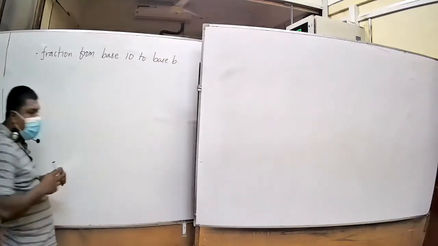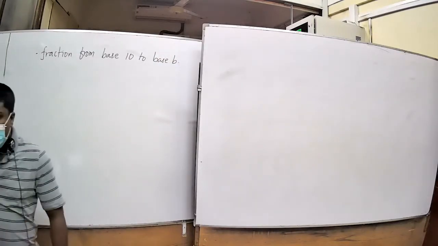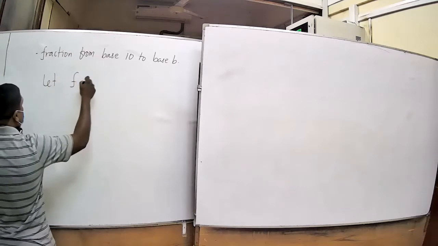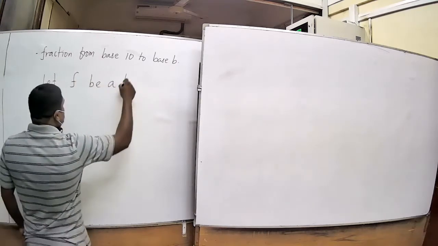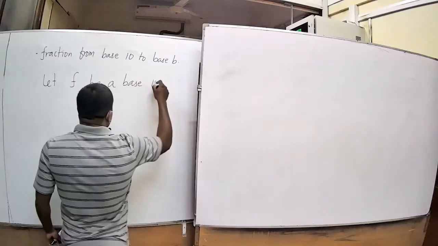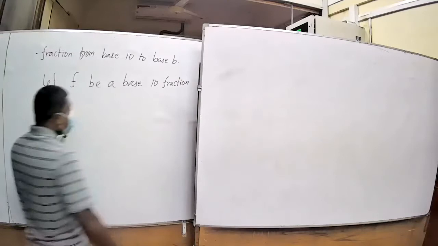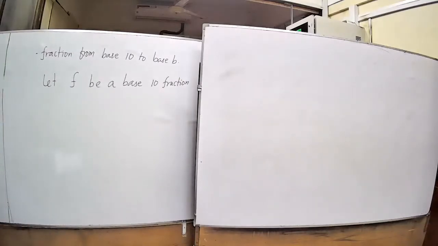So we are going to see how we can do this transformation from base 10 to base B for a fraction. Suppose, let's say f is the base 10 fraction, right? So it will be a fraction, like 2 upon 5, 5 upon 10, something like that.